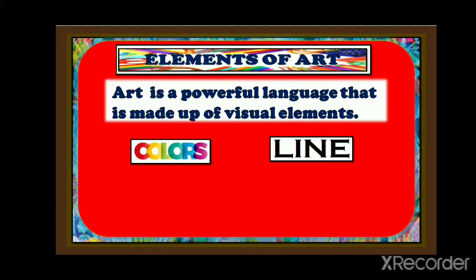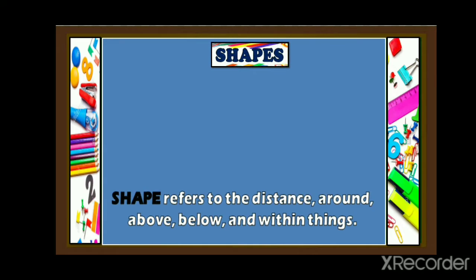Another element of art is shape. Now what is shape? Shape refers to an area clearly set off by one or more of the other elements of art.